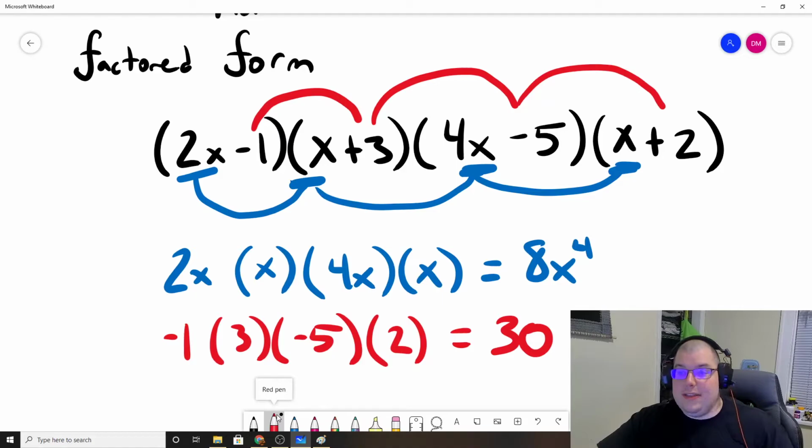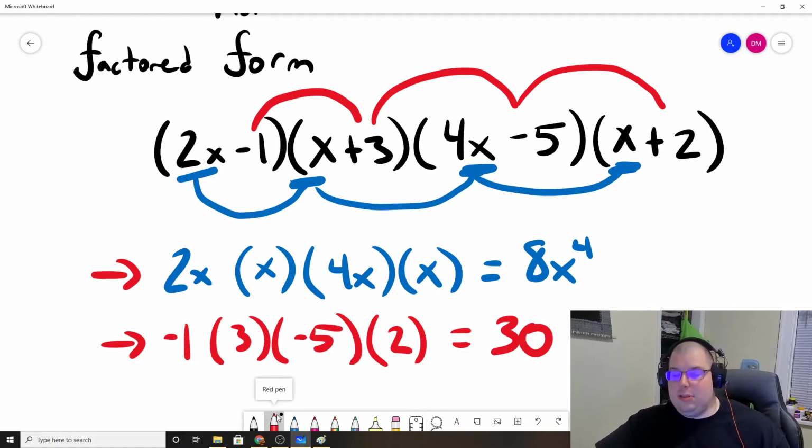Another way that this can be effective on the SAT or ACT is if they ask you to find the standard form of a big, long, factored polynomial. You can do these two tricks first and pretty quickly to find the leading coefficient, the degree, and the constant term to whittle down your choices.